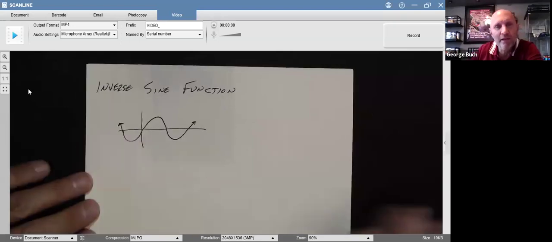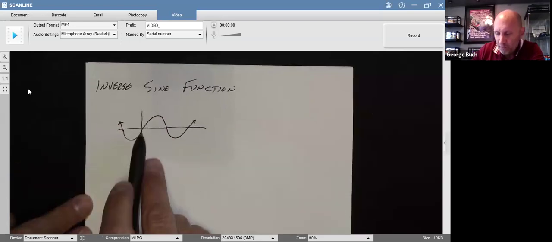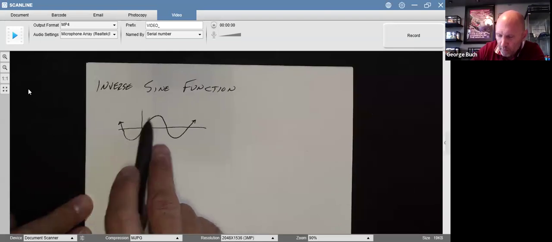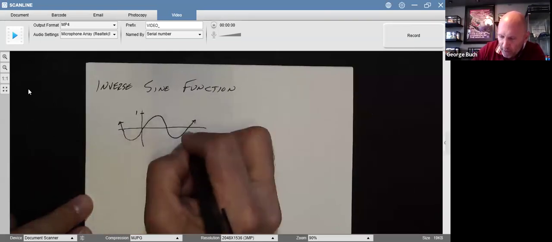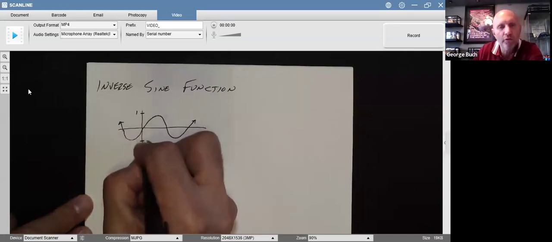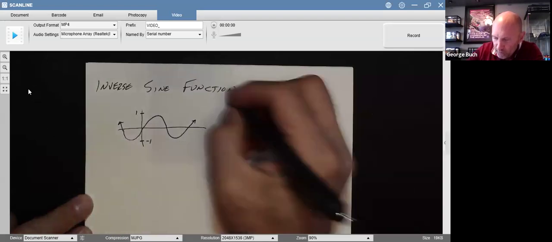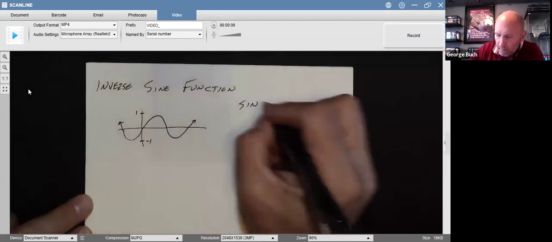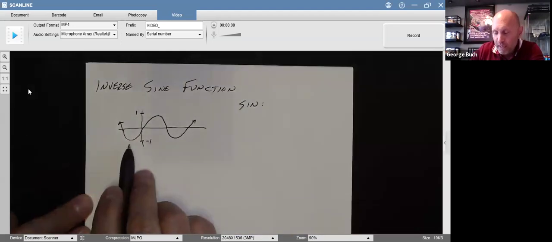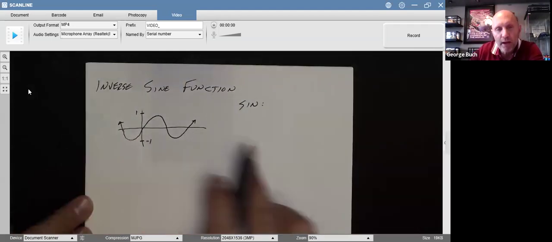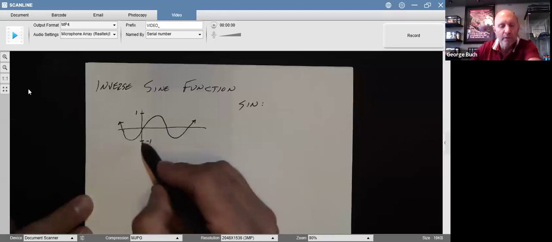So we're going to talk about the inverse sine function. My sine curve, remember, starts at 0, goes up to 1, comes back through pi, continues on, goes down to -1, and so forth. For the sine function in general, the domain is negative infinity to positive infinity, and the range is -1 to 1.